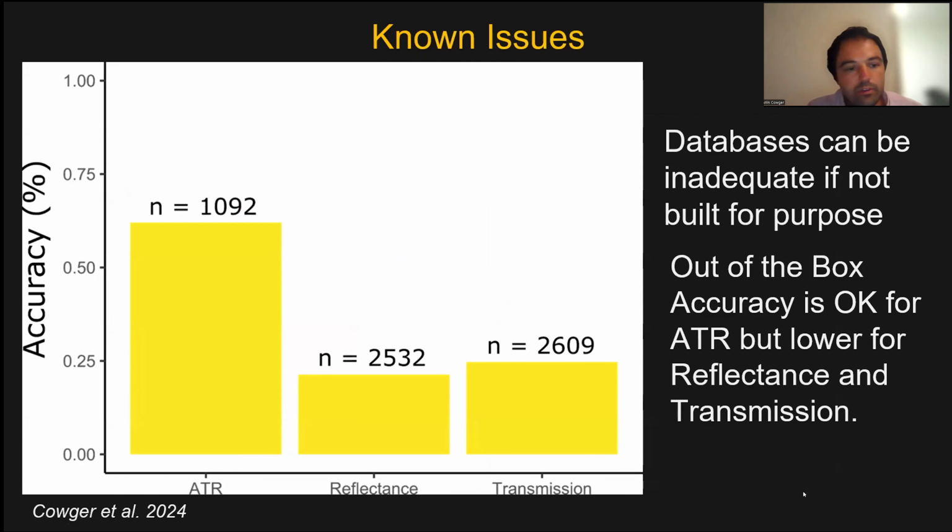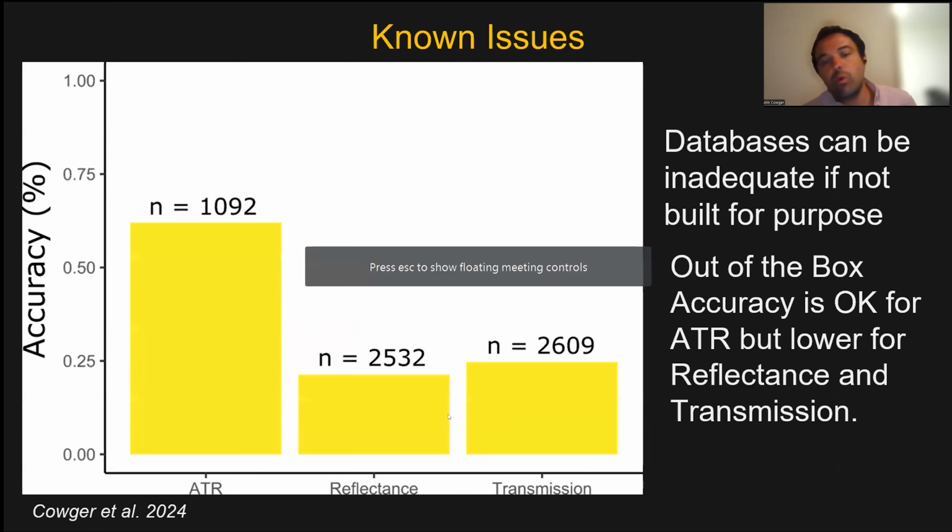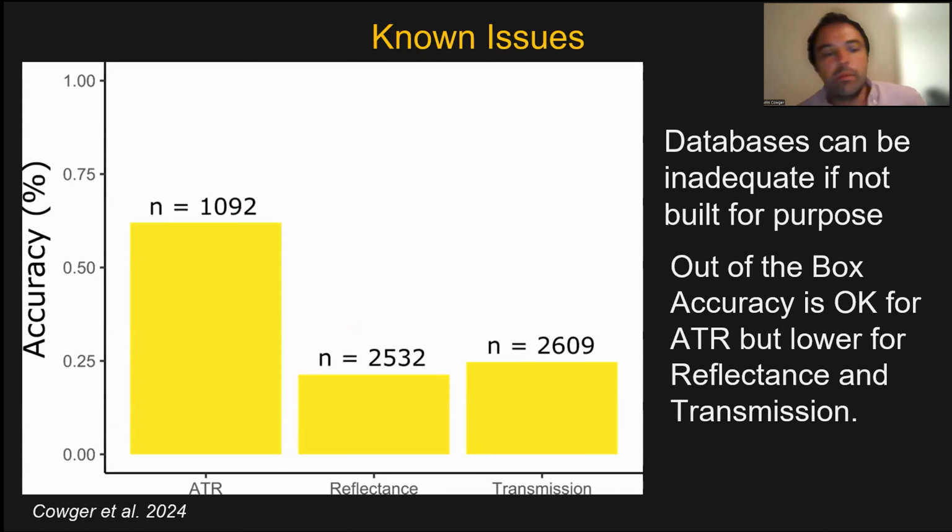We did this study with Sebastian Primka to understand OpenSpecky's limitations back in 2024. OpenSpecky and many other spectroscopy software use ATR spectra for their reference library. It's a very reproducible spectrum that you can collect.